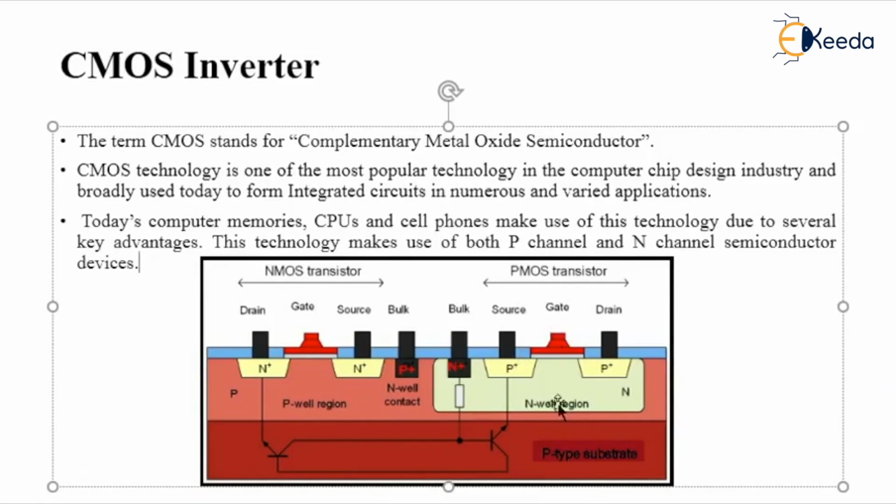In PMOS, an N well has to be used. In NMOS, a P substrate is used. In NMOS, N diffusion acts as drain and source. In PMOS, P diffusion acts as source and drain. And this polysilicon material acts like a gate. And this transistor circuit is a latch-up circuit.